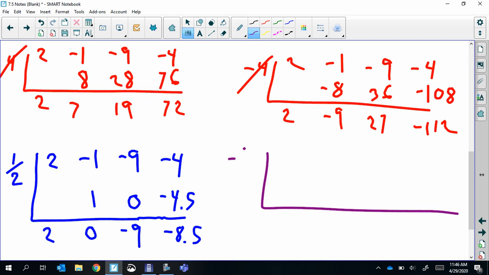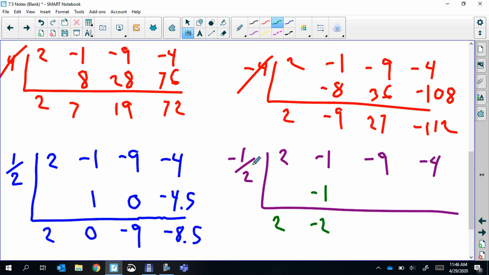All right, let's try negative 1/2. Hopefully. 2, negative 1, negative 9, negative 4. I have a good feeling about this one, maybe because it's the last one and hopefully one of these works. So, 2 times negative 1/2 is negative 1.